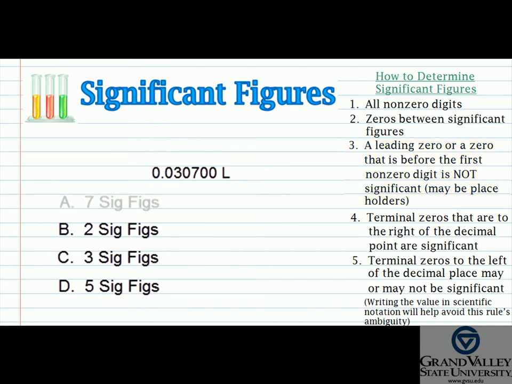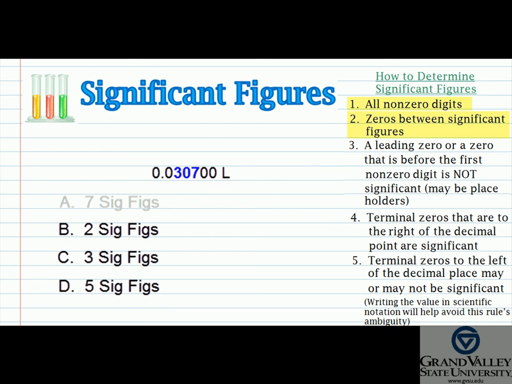Option B states that there are 2 significant figures present. According to Rule 1, all non-zero digits are significant. Therefore, the 3 and 7 are significant. However, keep in mind that there are ways for zeros to be significant figures. According to rule number 2, zeros between non-zero digits are significant. Therefore, the 0 between the 3 and 7 is significant.